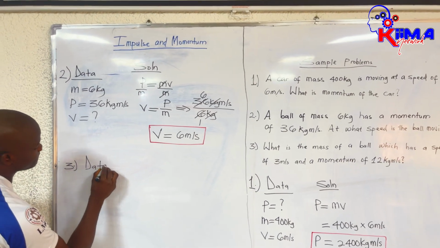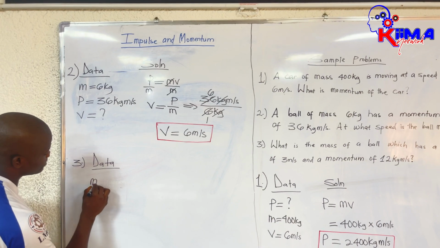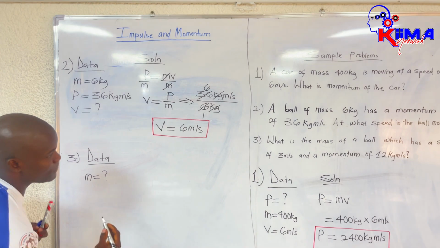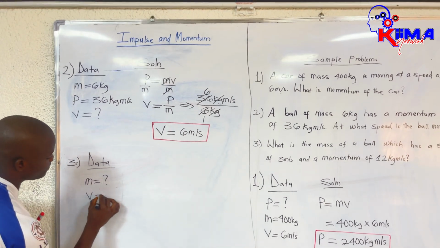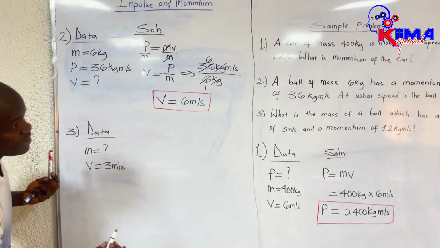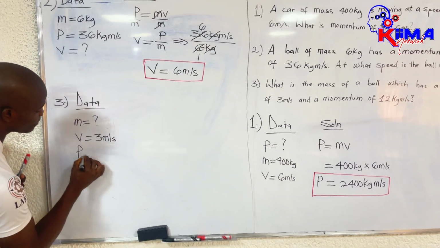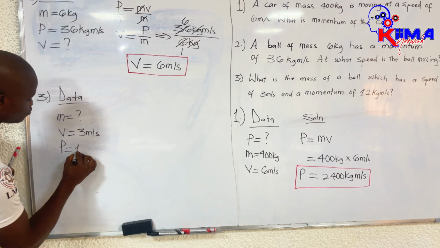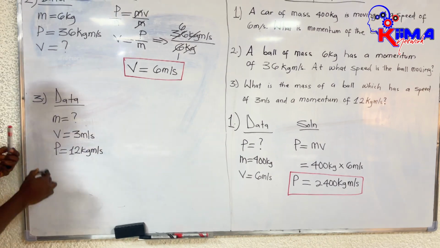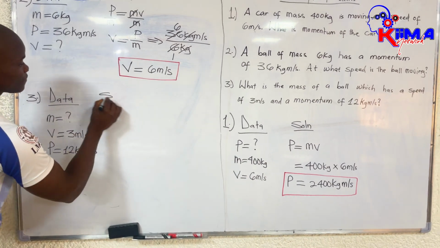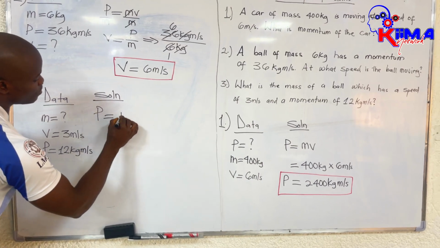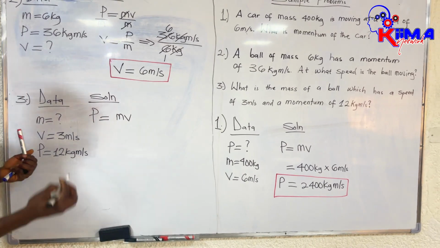So our data: the mass equals question mark, the speed of the ball is given to be 3 meters per second, and the momentum of the ball is given to be 12 kg meter per second.